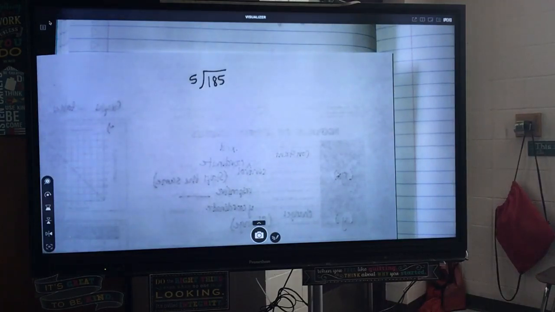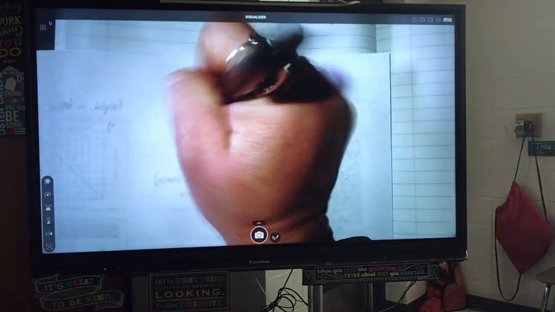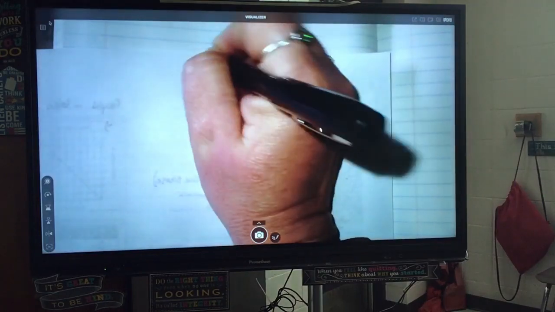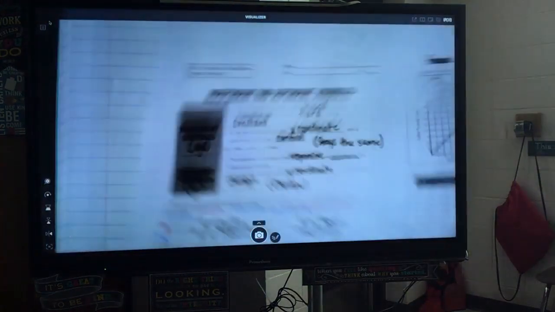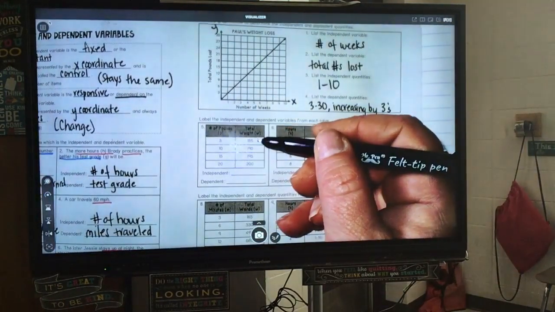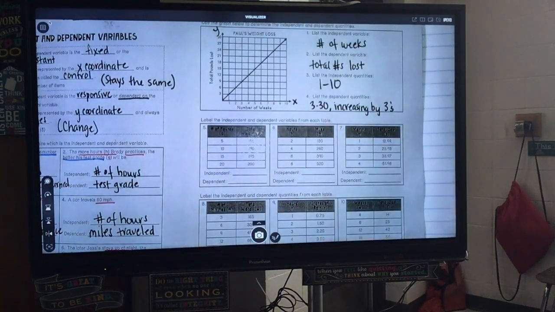Alright, raise your hand and tell me, what do you get? You said 37? Alright, so we're saying that when we did 5 times 37, we got 185, essentially. Or if you divide 185 divided by 5, you get 37. Either way, it's essentially inverse.